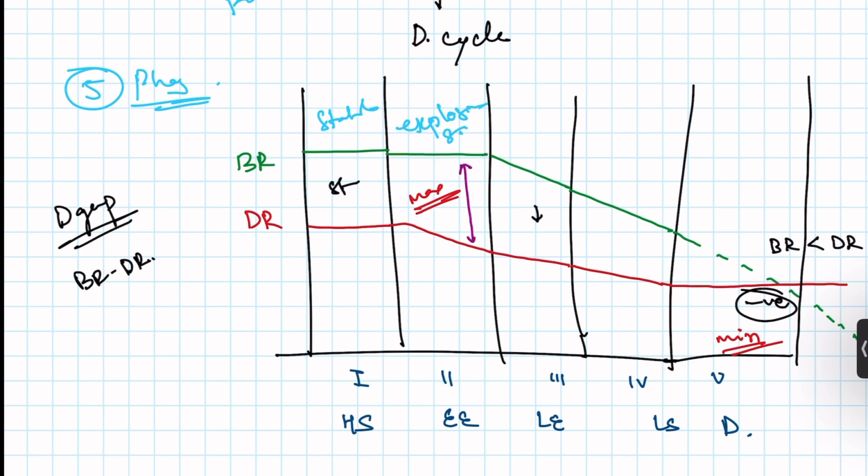Because the birth rate is stable, we can see it is high, but the death rate is decreasing, so it is explosive growth. In the third phase, that is late expanding, the population is also increasing, but it is not as high as in the second phase. Then here it is stable, and in the fifth phase it is obviously declining.